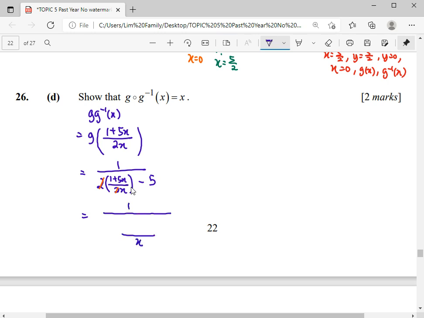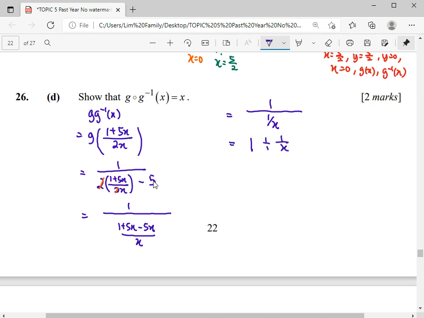So we simplify here, make it to the same fraction, denominator x. So for 5 here, denominator times x, numerator also times x. So after that, 5x minus 5x is equal to 1 over x. So how to simplify? 1 divided by 1 over x.